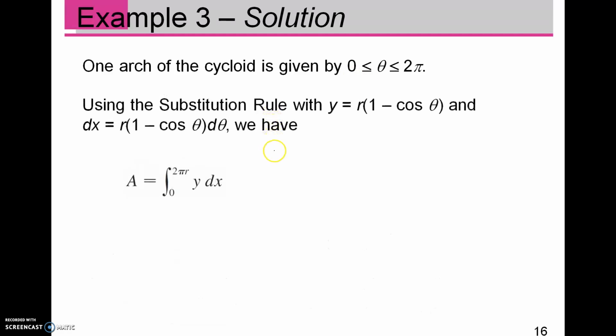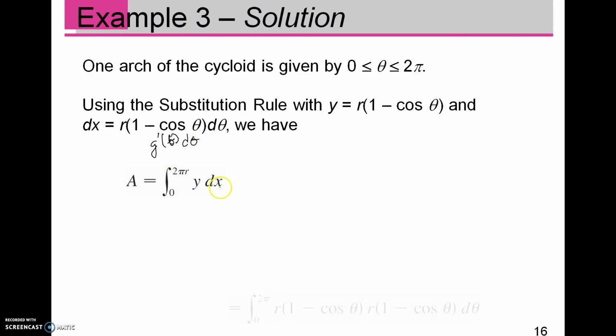Using the substitution rule, we've got y equaling r times 1 minus cosine theta, and dx is going to be g prime of theta times d theta.